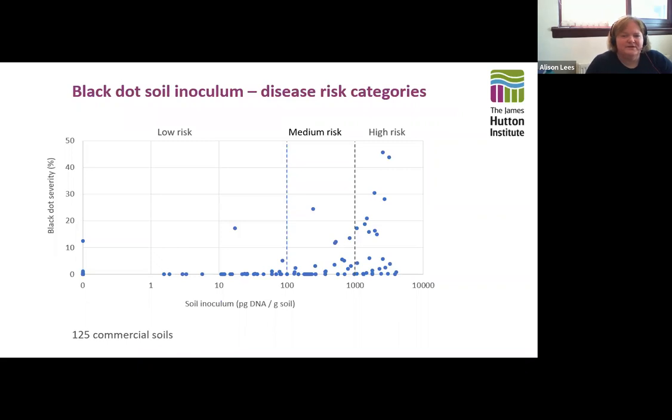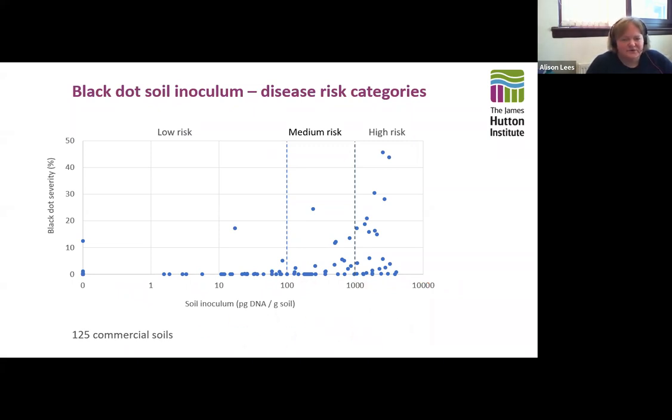By monitoring soil inoculum of Colletotrichum in 125 commercial soils planted with a range of varieties at a range of locations and under commercial management practices, and assessing disease on the progeny tubers, we were able to assign disease risk categories, seen here as low, medium, and high risk, according to soil inoculum levels pre-planting, measured as DNA per gram of soil.